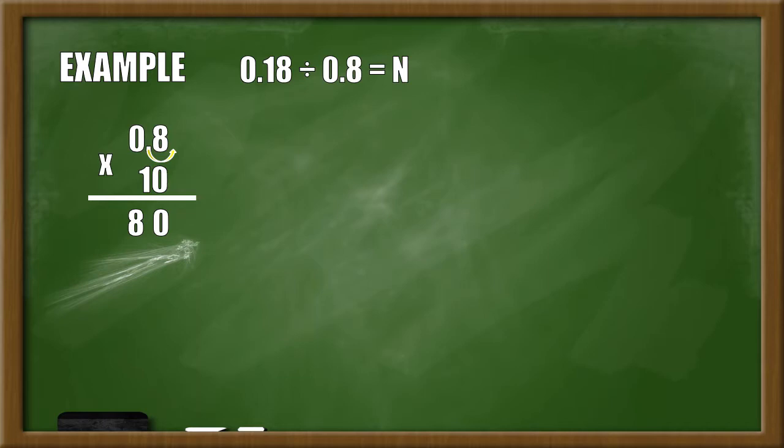So, we have to move 1 in order to put a decimal point like that. So we will put a decimal point at the center of 8 and 0. So our answer is 8. So the answer of 0.8 times 10 equals 8.0 or 8. Understood? Good job.